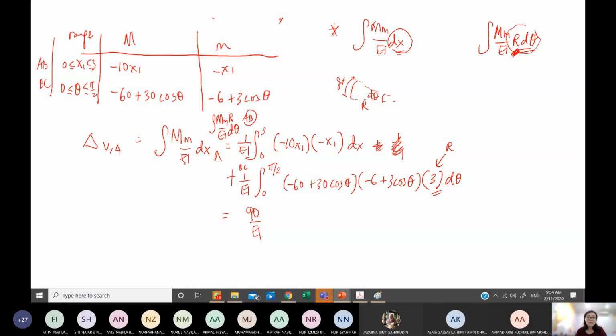Now for member BC, this is dealing with the radian. Therefore you need to change your calculator to radian instead of degree, because we are not inputting anything about the 90 degrees. Can you change to radian first before you put in this equation for BC?